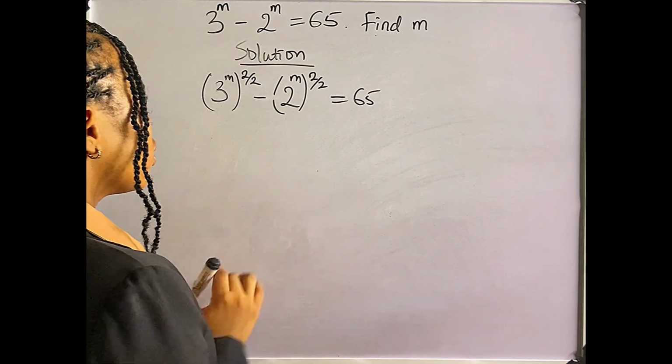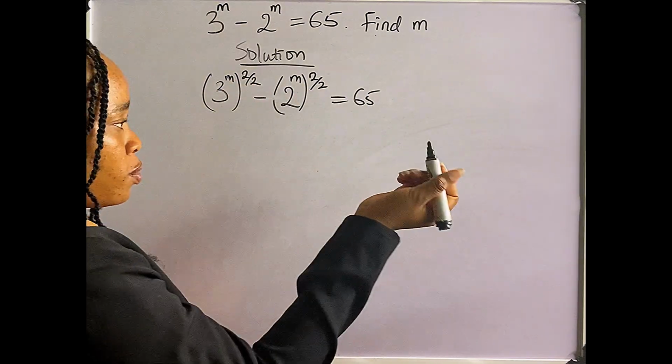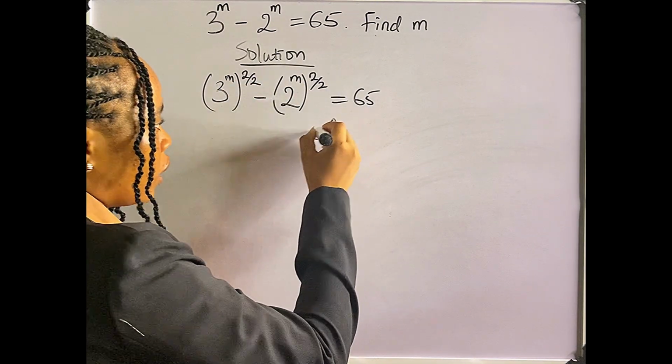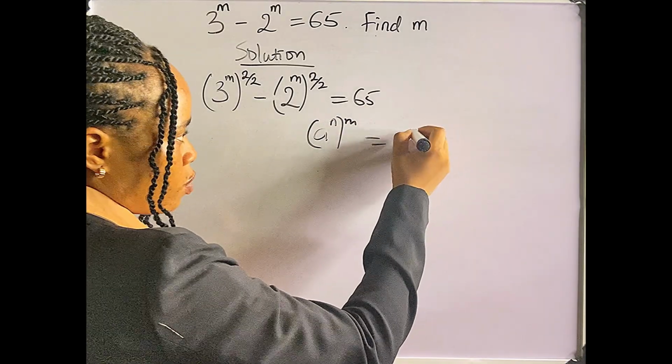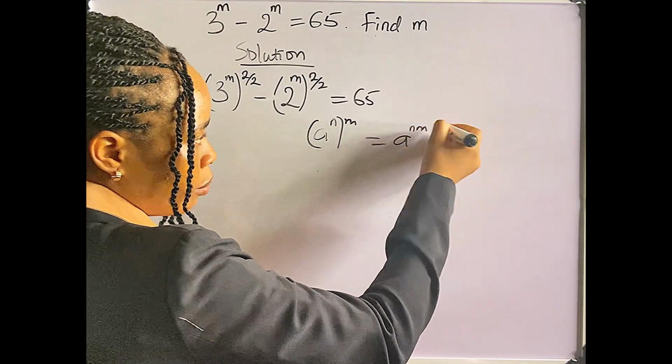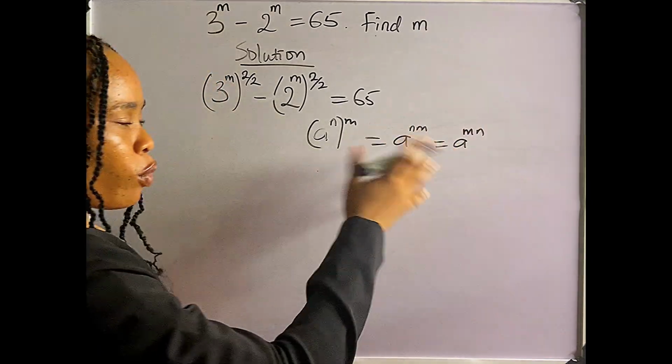Now from here, if you apply the power multiplication law, where a raised to the power of n, all raised to the power of m, is the same thing as a raised to the power of nm, or rather a raised to the power of mn, whichever way.